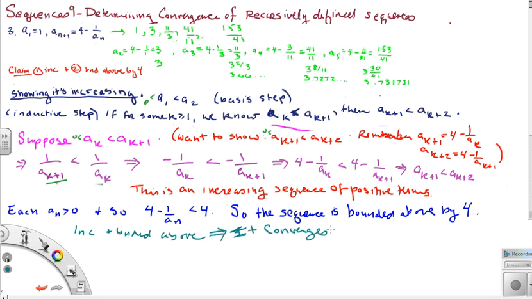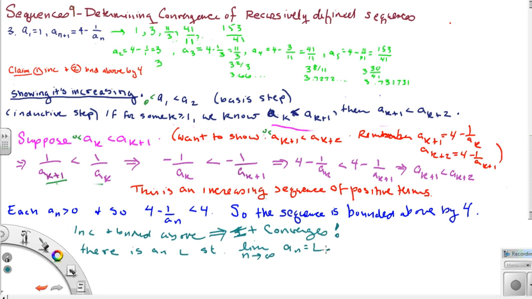We don't yet know what it converges to. But what we do know is that there exists an L, a finite L, such that the limit as n goes to infinity of a_n is equal to L.